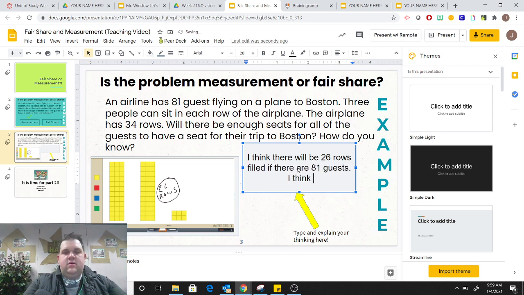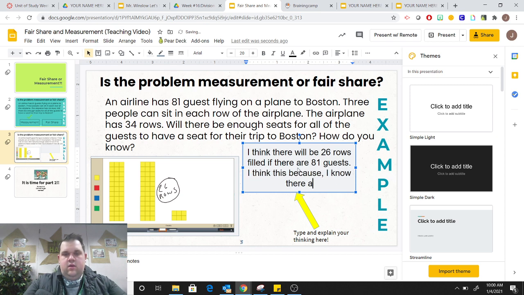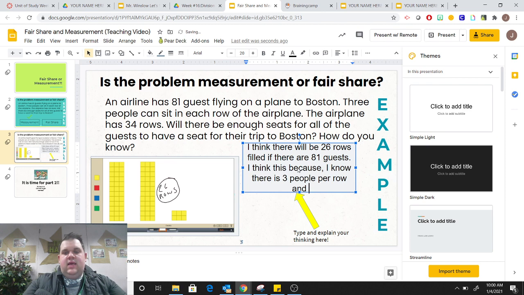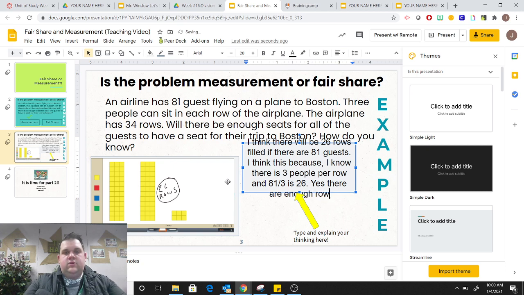I think this because I know there is 3 people per row, and 81 divided by 3 is 26. Now, one other part was the airplane has 34 rows. Will there be enough rows? Yes, there are enough rows.